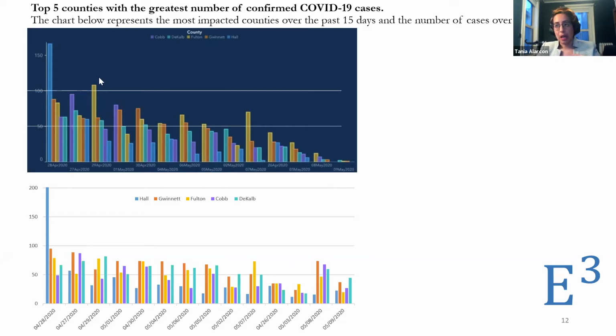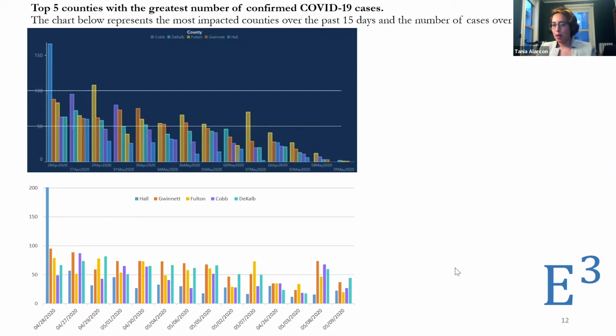And you can see that a lot of the records changed. For example, here under Fulton, it showed that there were over 100 cases, but if we take a look at April 29th, now they're being reported as actually under 100. And that could be because some of the cases were potentially duplicates that were moved to a different date. So the records are constantly changing.